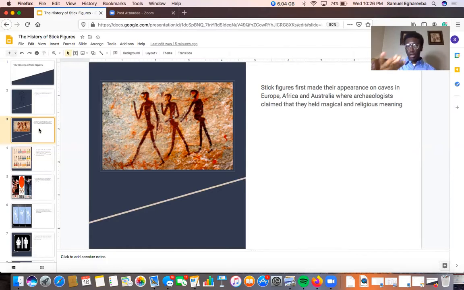And a lot of archaeologists who still study these petroglyphs today claim that these stick figures had magical and religious meaning. These petroglyphs held powerful cultural symbols that reflect monuments and sacred landscape.